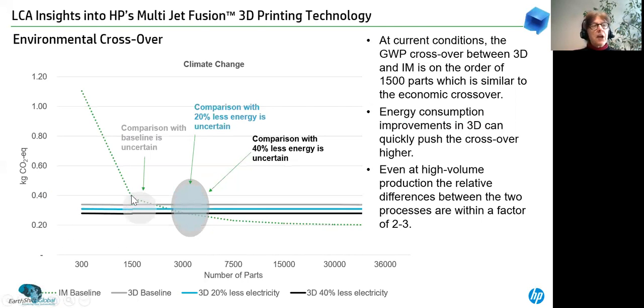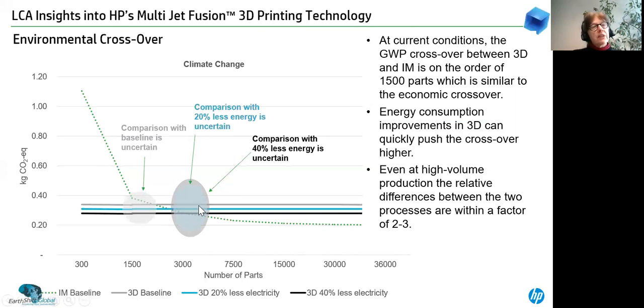You'll see in here a couple of fuzzy balls, 3 of them actually. That's where there is uncertainty. Here at the 1500 part level, there is uncertainty as to whether the 3D printing process at its baseline is different in comparison with the injection molding.